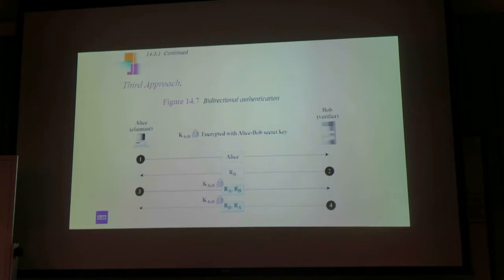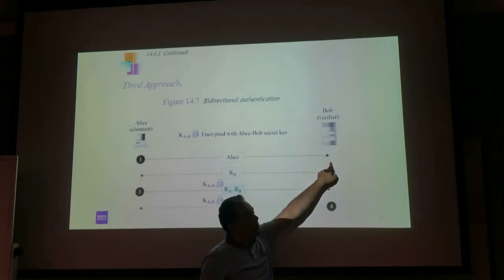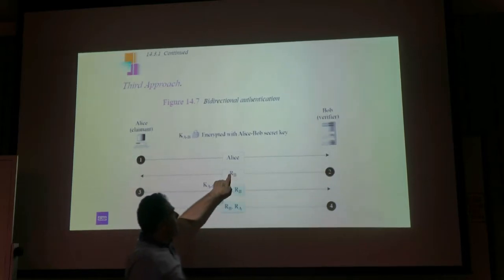Third approach, bi-directional. In the previous two, Alice authenticated to Bob. Now I need authentication in both directions. Alice communicates with Bob: Hello Bob, could you please verify me? Then Bob sends the RB like before.